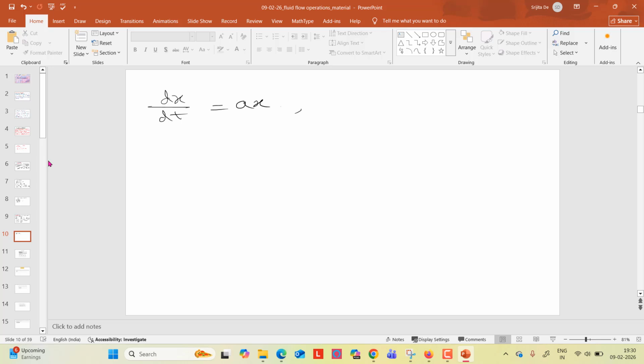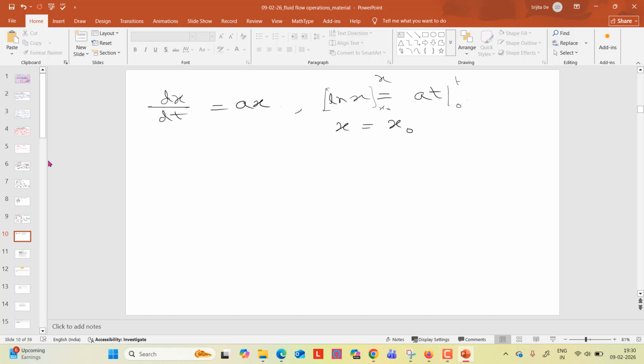So if we integrate, dx by x, that means ln x equals to at, integrating from x0 to x and from time 0 to t.